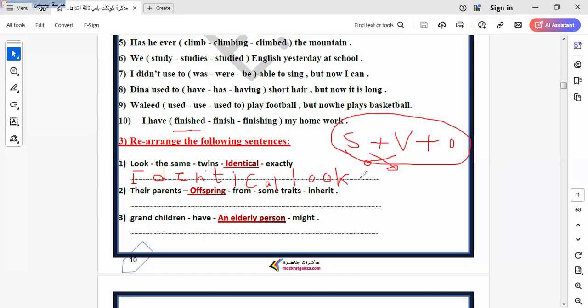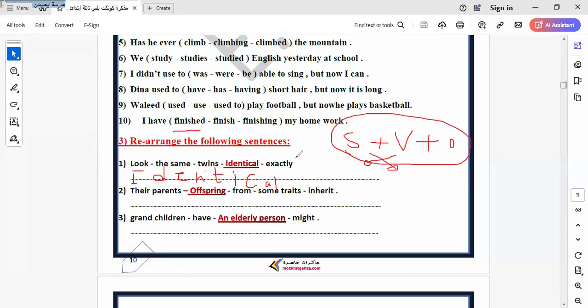Look exactly the same. Identical twins look exactly the same. So you have a mistake here. It will be identical twins look the same, look exactly the same.